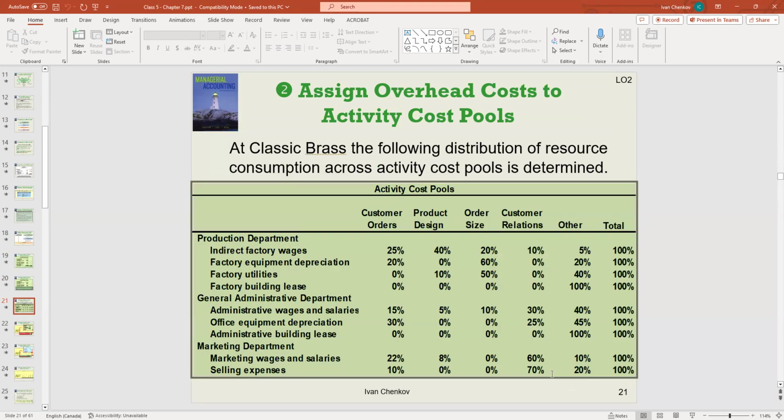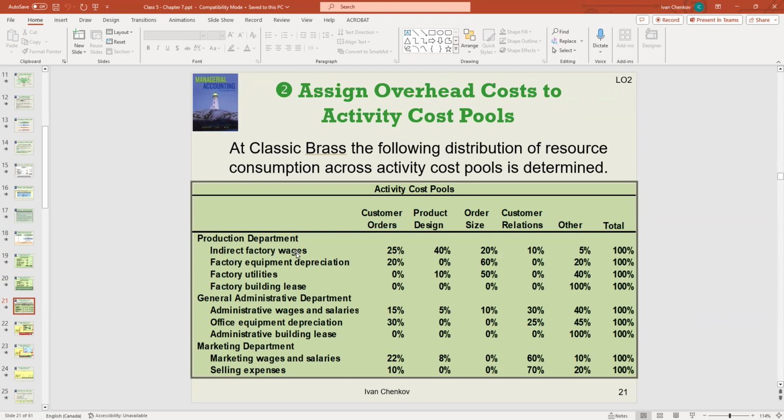So what are we going to come up with? We already have our activities. One activity is the customer order. The other activity is product design. The next activities are order size, customer relationship, and other. We're trying to find out what is the usage of the indirect factory wages from the customer order.